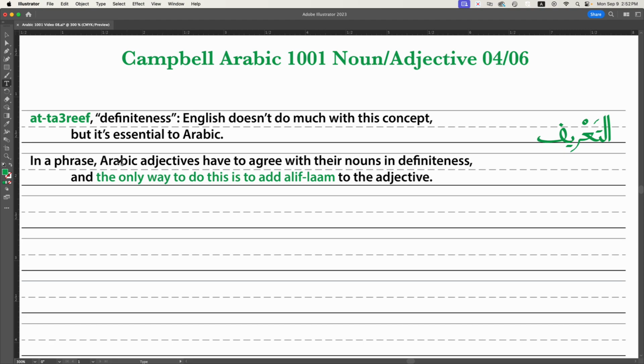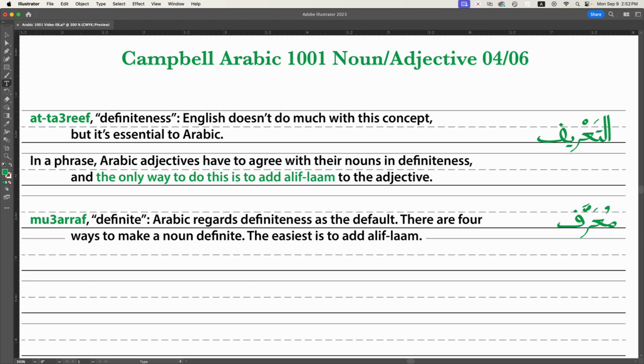In a phrase, Arabic adjectives have to agree with their nouns in definiteness, and the only way to make an adjective definite is to add alif lam to the adjective. And if you've followed the last couple of videos, you've seen a number of examples where I've done this. So there's some redundant content in this video, but I'll go through it in detail. We have the word mu'arraf for definite.